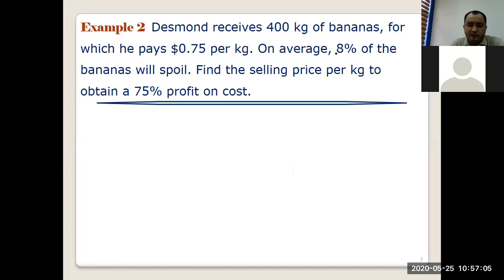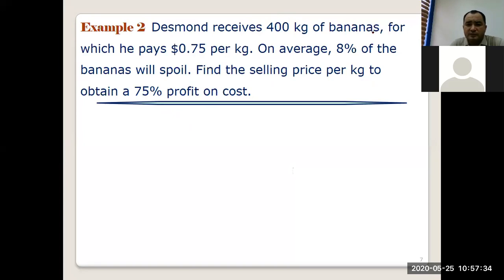If 8% of the bananas spoil, how much is left then? It is 92%, right? Find the selling price per kg to obtain a 75% profit on cost. So he's trying to make 75% profit on cost. It is not huge, because after all it's banana, very risky, so you need to sell this at a bit higher price.